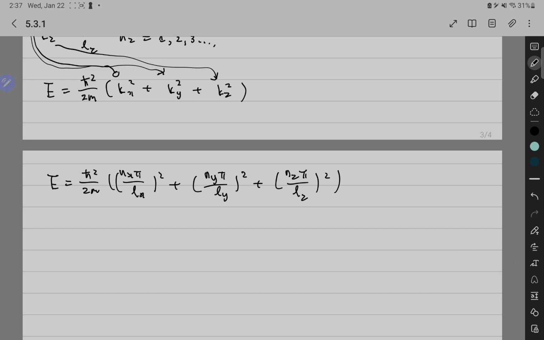And if you take the pi out, what you get individually for this is nx squared pi squared over lx squared.